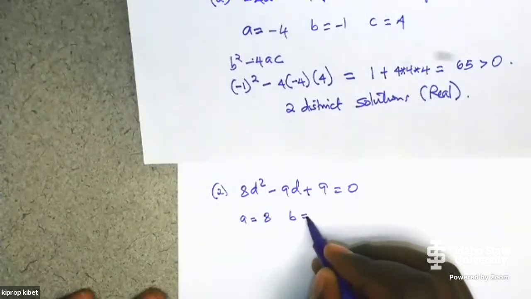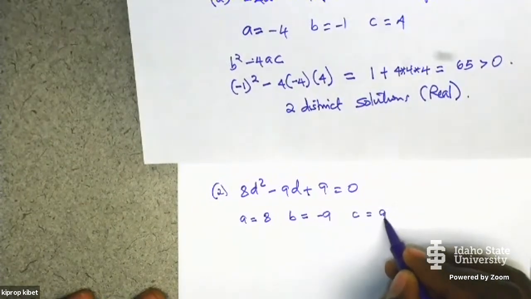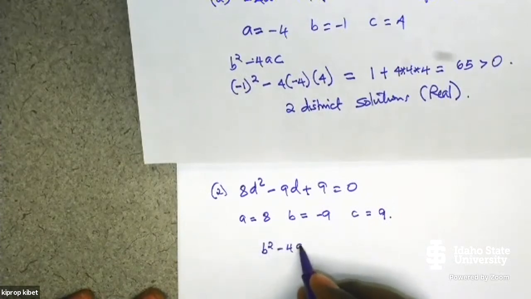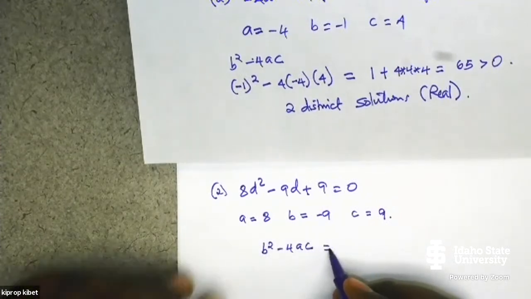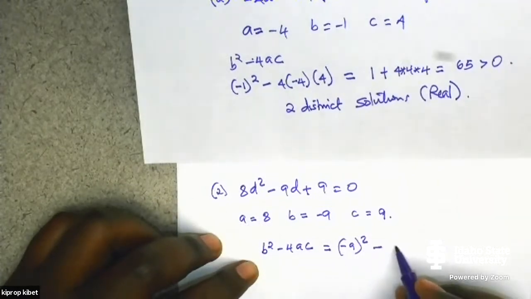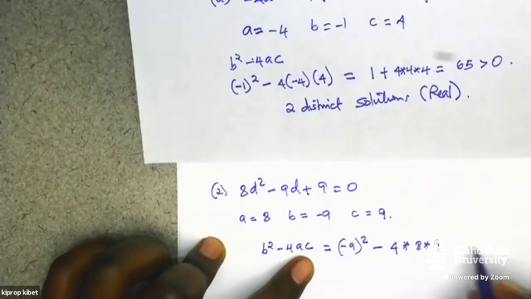Our b is -9, and our c is 9. Using our discriminant, b squared minus 4ac, our b squared is -9 squared, minus 4 multiplied by a, which is 8, multiplied by 9.